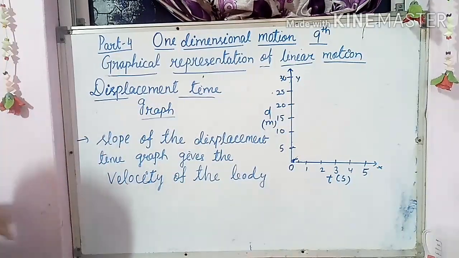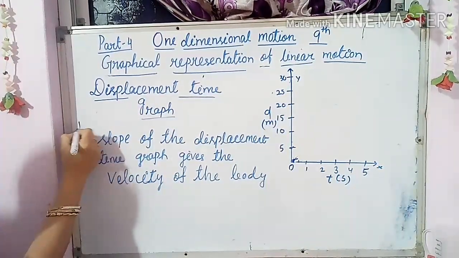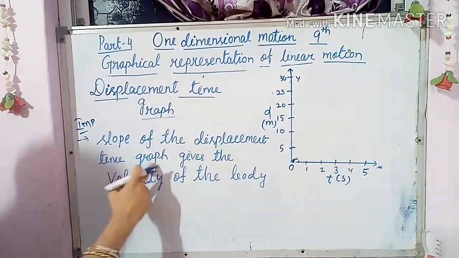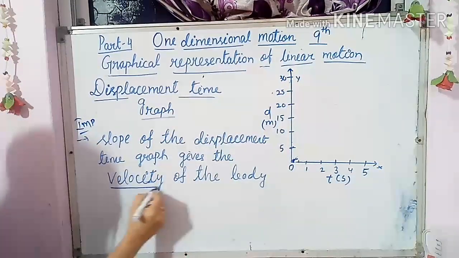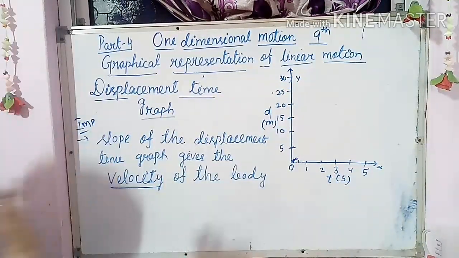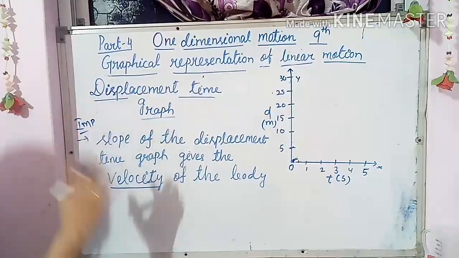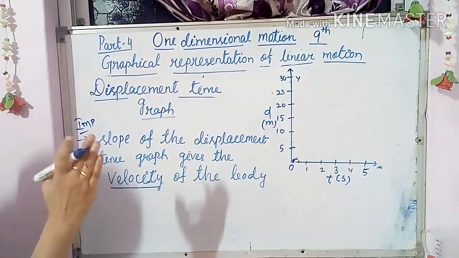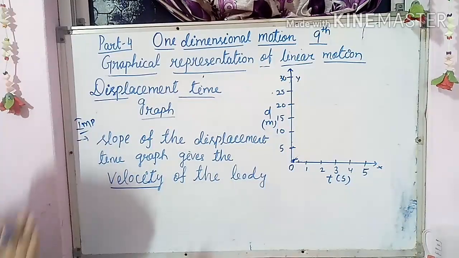And a very important question, again I am telling you, from the exam point of view: the slope of the displacement time graph gives the velocity of the body. Only that is the difference. If it is a distance time graph, it is speed. If it is a displacement time graph, it is velocity. The same conditions will arise. Now I will show only the shapes, because I have already discussed them.